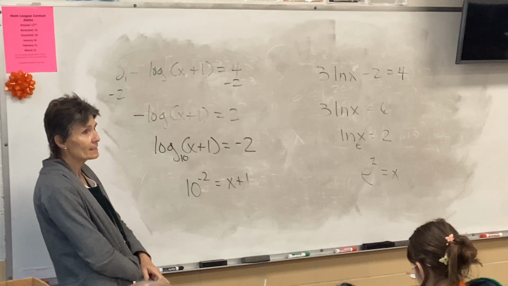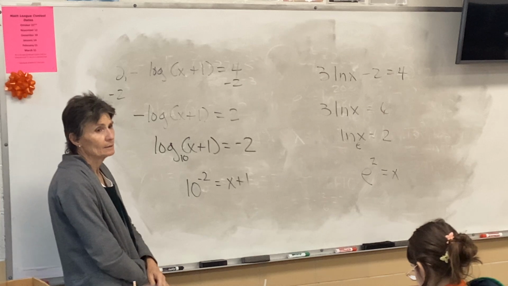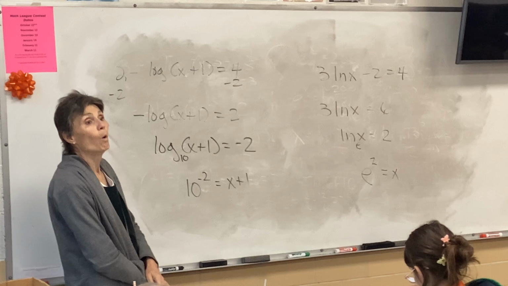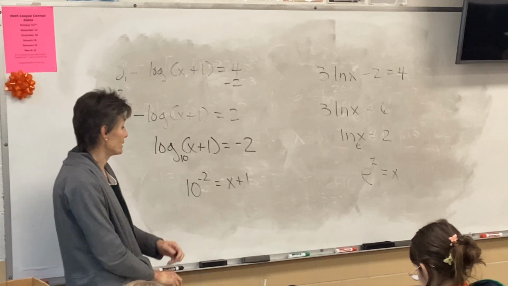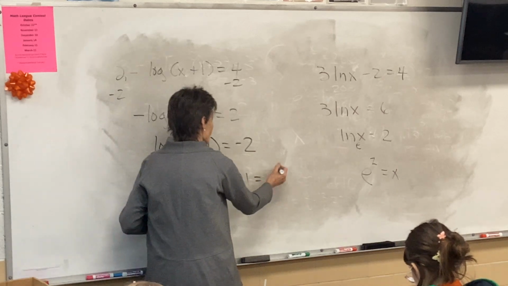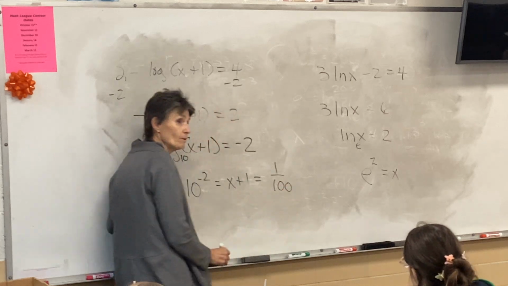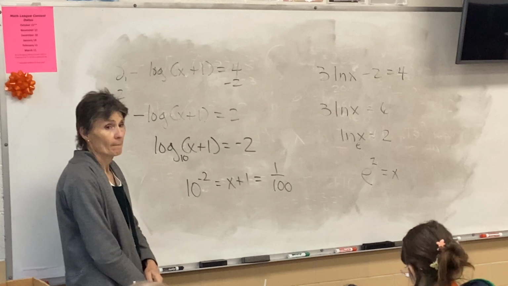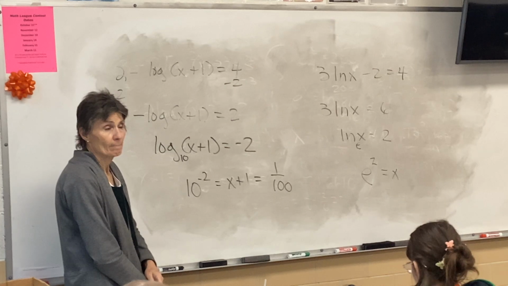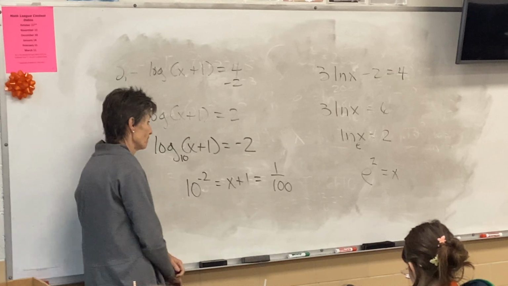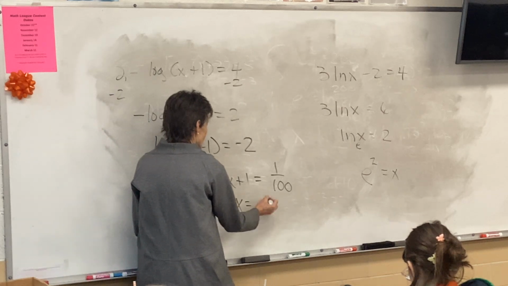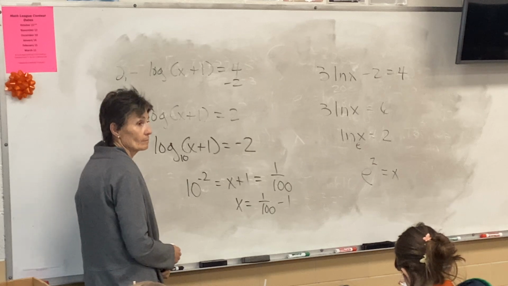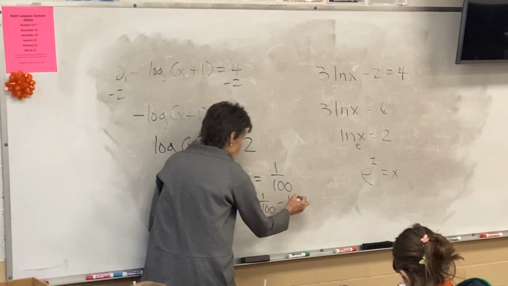Charlie, what's 10 to the negative second? Almost 1 over 100. Remember, negative exponents are 1 over, so it's 1 over 10 squared. And then 1 over 100 minus 1, which is 100 over 100.